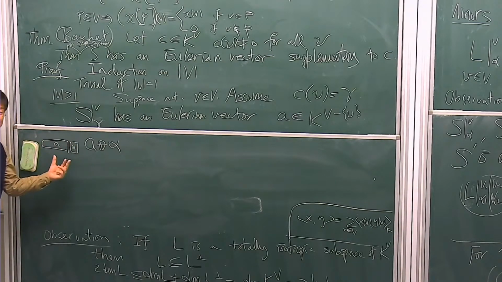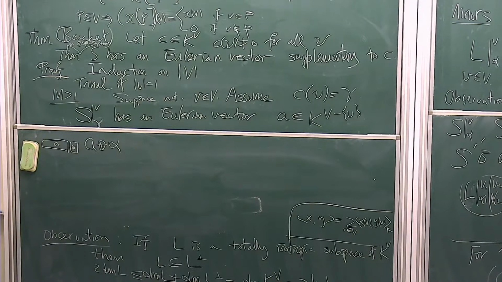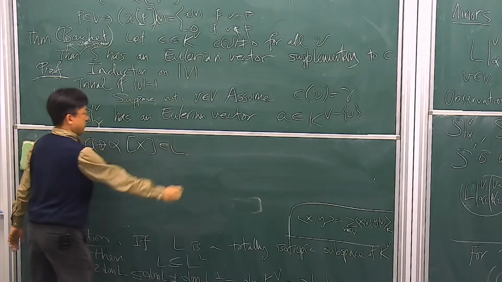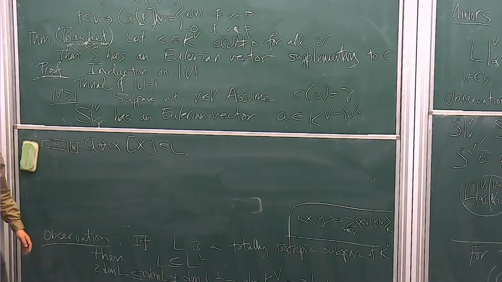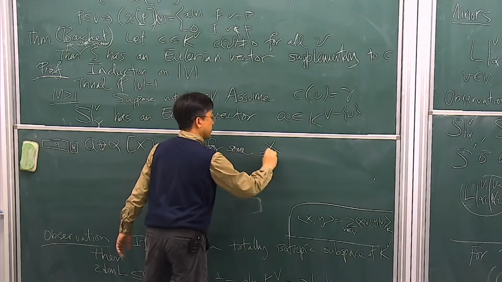Now it's a vector in K to the V. And this is not Eulerian. So what does that mean? That means I can restrict to some subset X, which is non-empty, and then it's going to be in L.